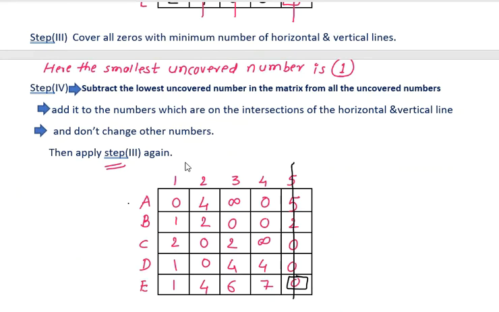Now look at the columns containing a single 0. First column contains a single 0, so we draw a horizontal line. Then the second column contains 2 zeros, third column contains a single 0. So make an assignment in the third column and we draw a horizontal line.